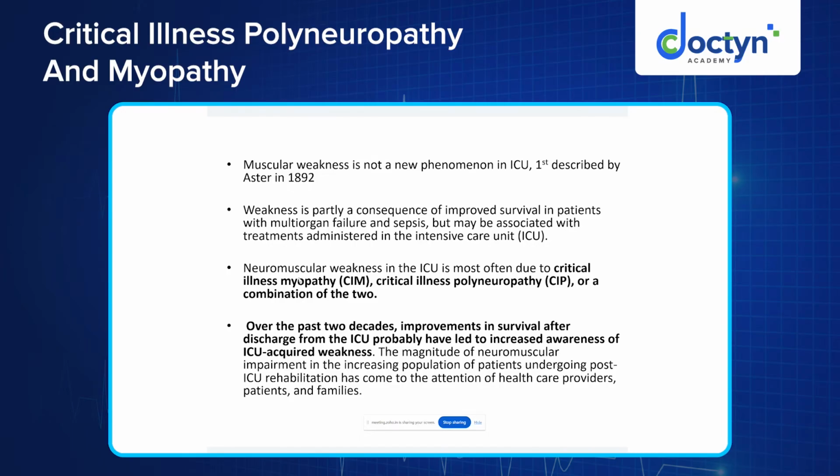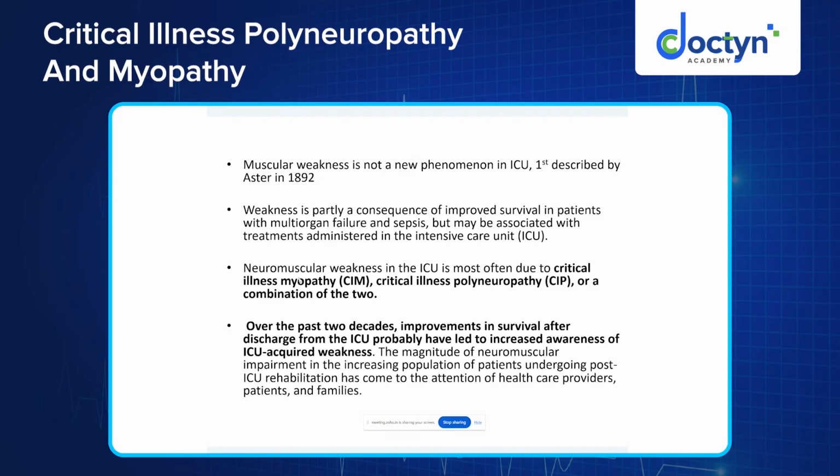When we talk about neuromuscular weakness in the ICU, it is most often due to CIM, CIP, or a combination, that is CINM. So these are the basic classifications we discussed. Over the past 2 decades, improvement in survival after discharge from the ICU has probably led to increased awareness.